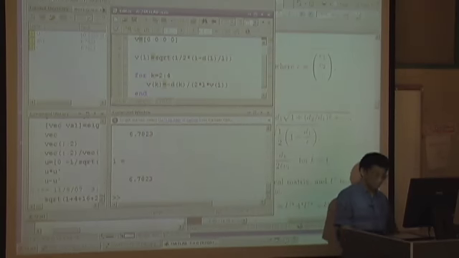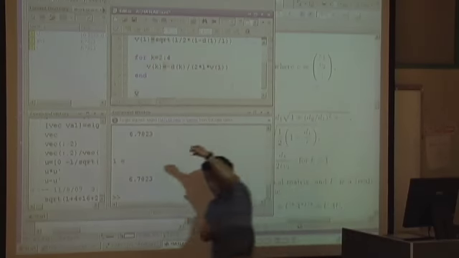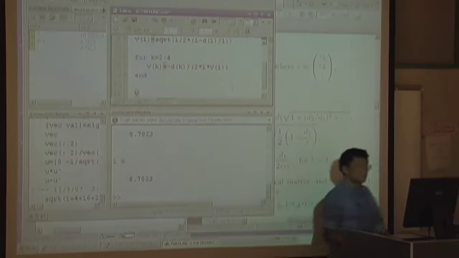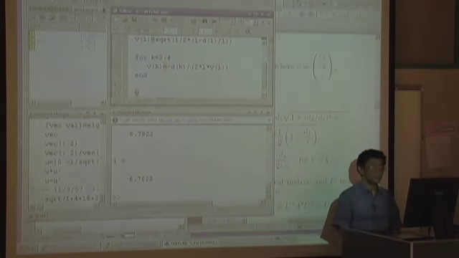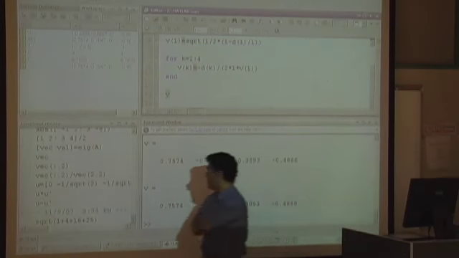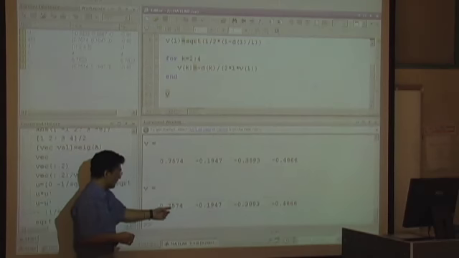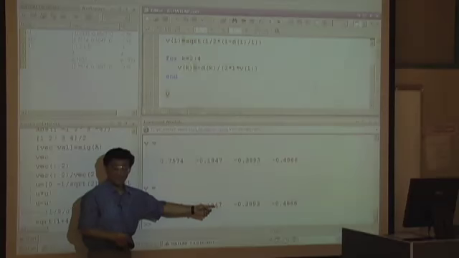And then I will introduce v in row form, and when you do calculate, I will use column form. So this is v. The v vector is the column vector, 0.7574, negative decimal, right?